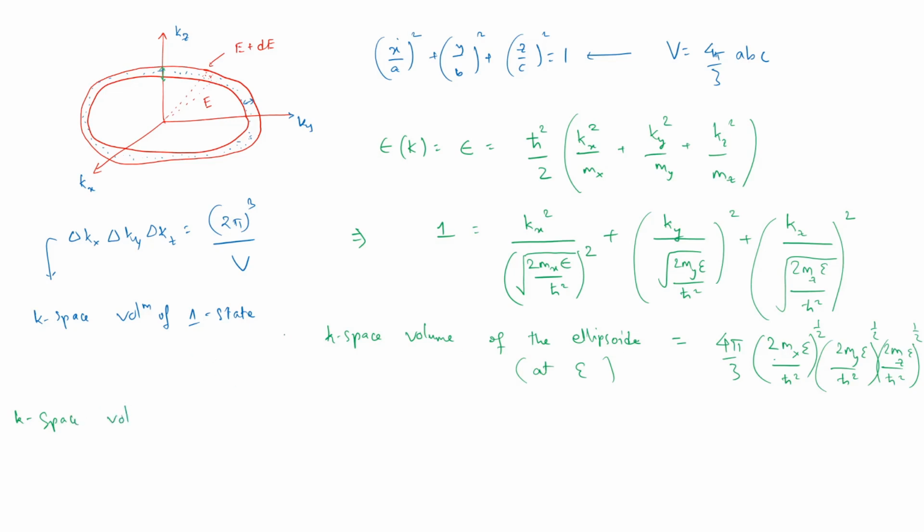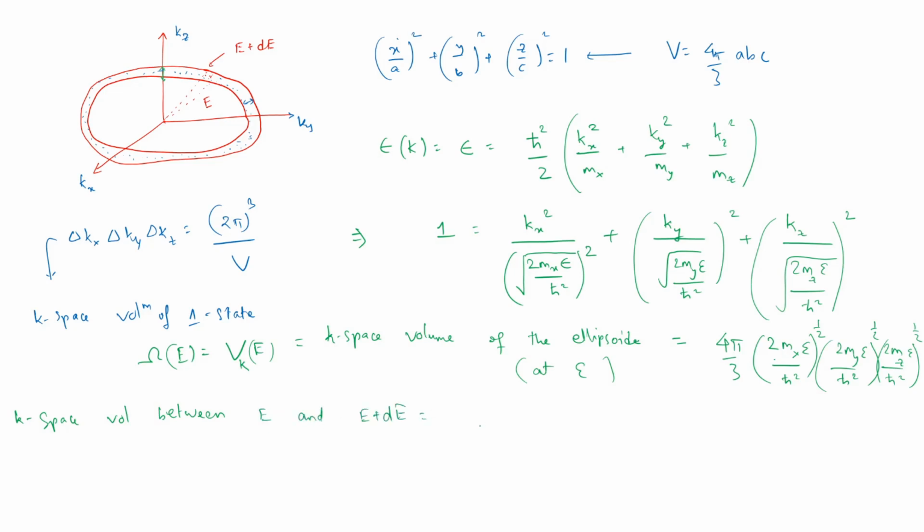I will write it as the volume in k space at energy E, where omega is the k space volume between E and E plus dE.